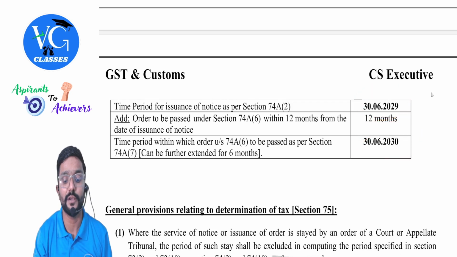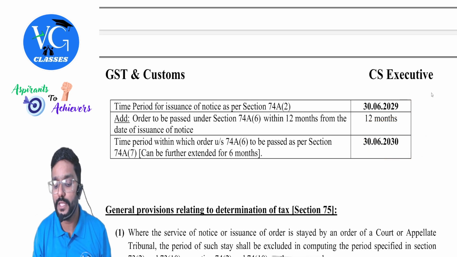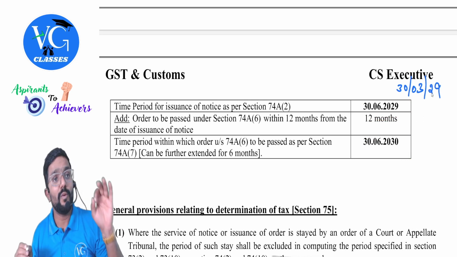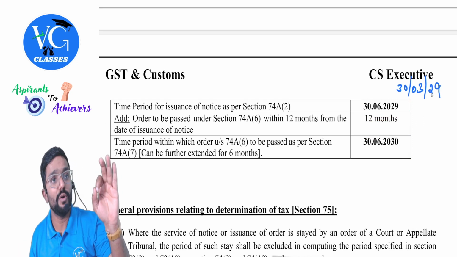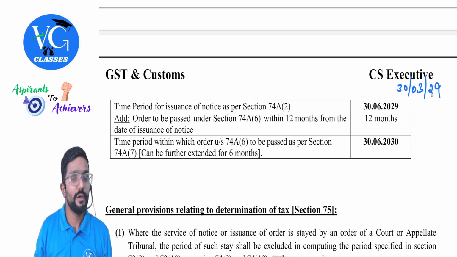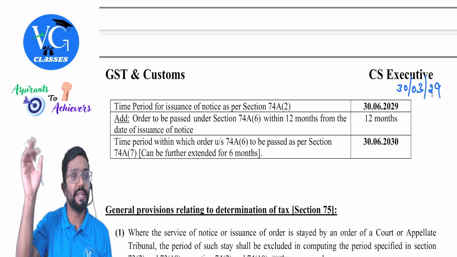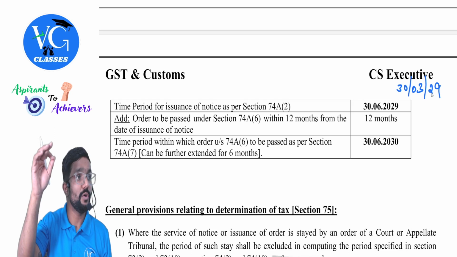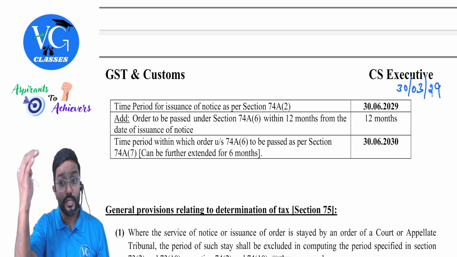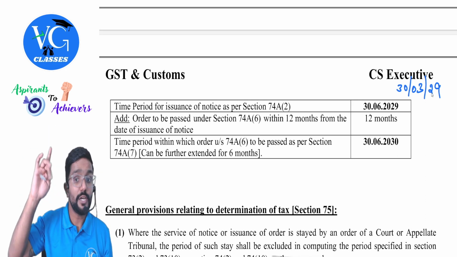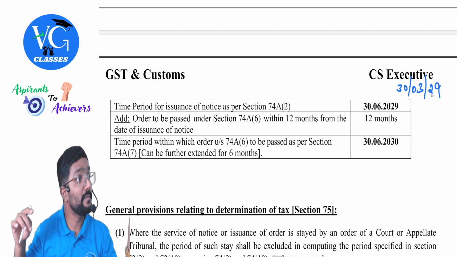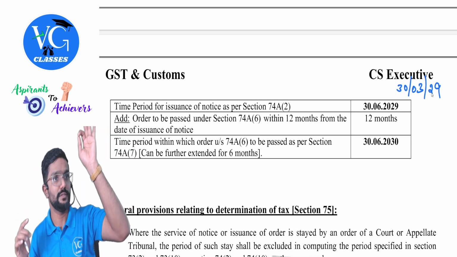Assume the notice is issued on 30th March 29. What is the deadline to issue the order? It is 12 months from the date of notice, not 12 months from 30th June.